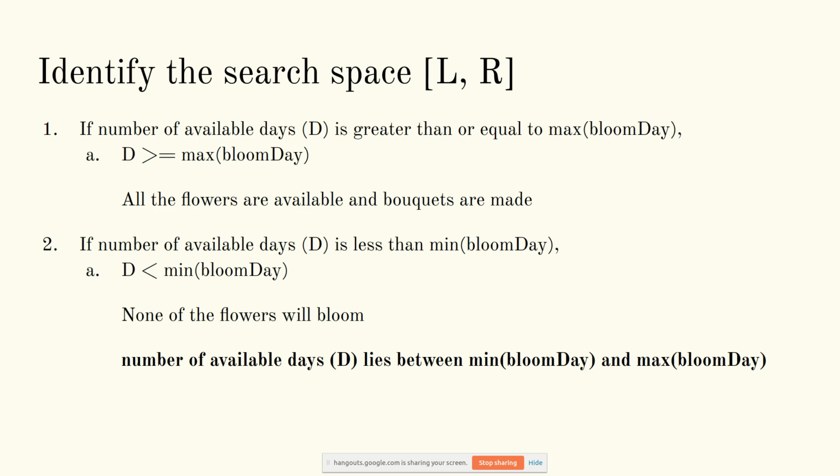For example, looking for days more than max of bloom day is not optimal, and when we have no flowers at our disposal, that is when D is less than min of bloom day, our objective is not accomplished.